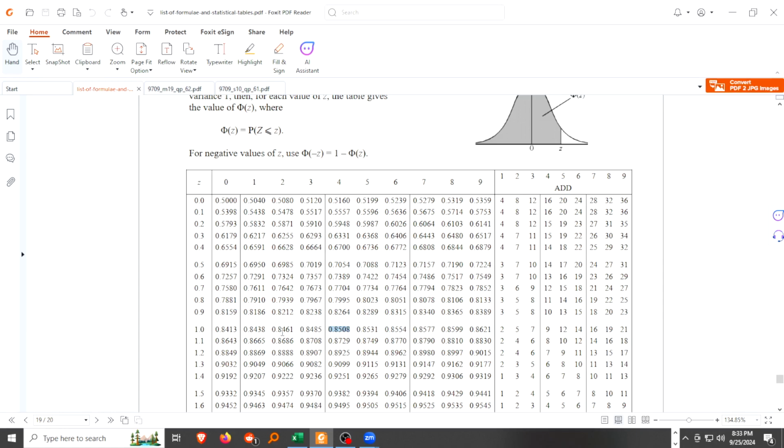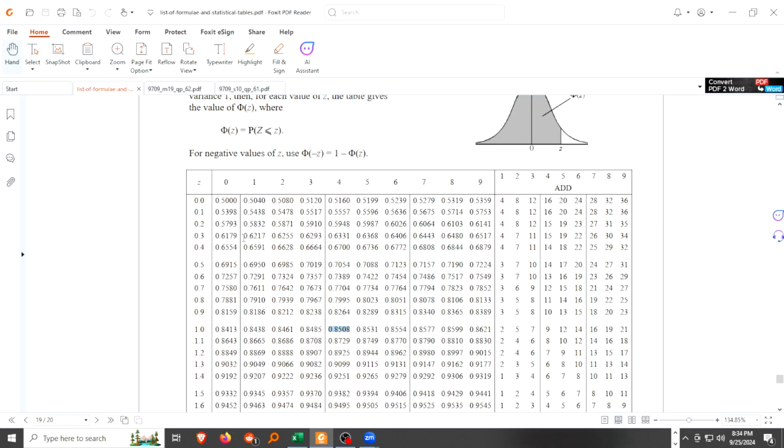Secondly, we have that the probability that X is greater than 20.9 is 0.6228. This is another probability, and we check directly within the main body of the table for 0.6228.